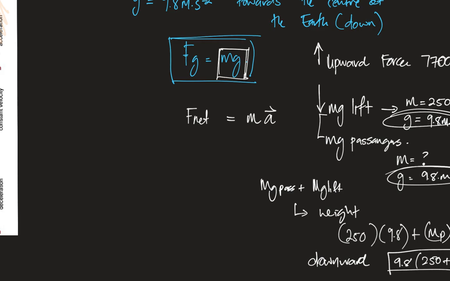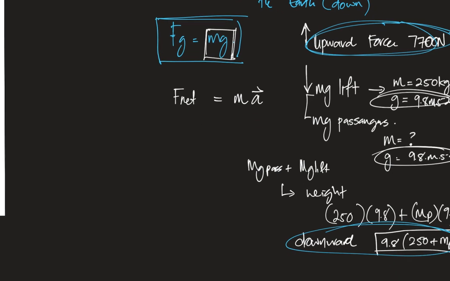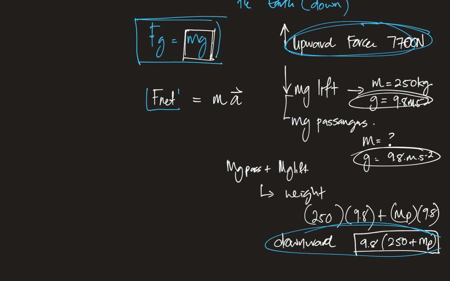So now I've got an upward force there and a downward force here. Now I need to put all of that information into my formula. I know that F net is equal to the forward minus the backward.